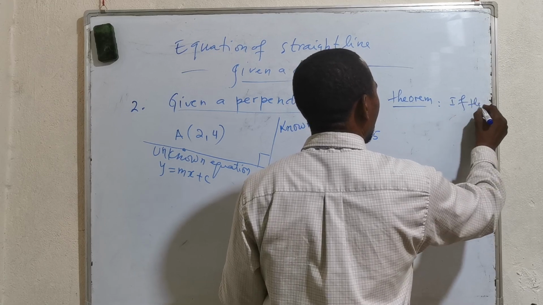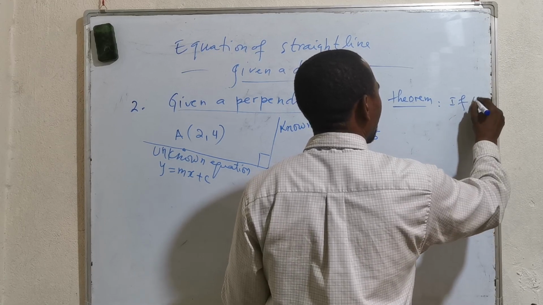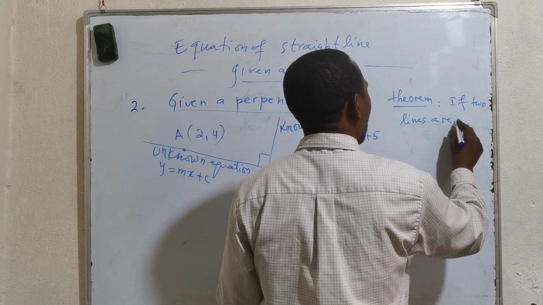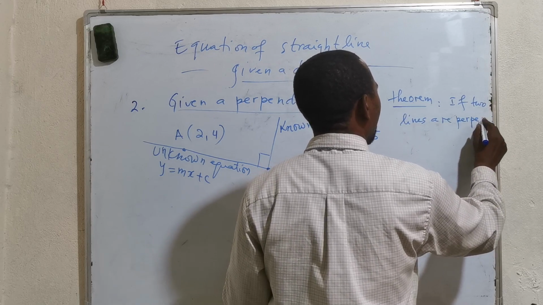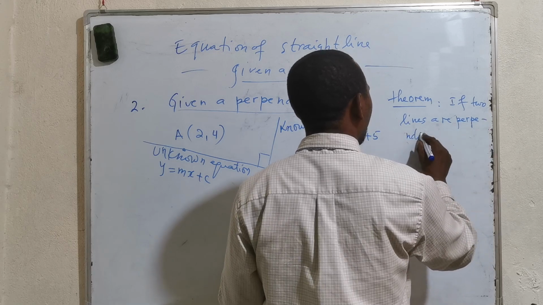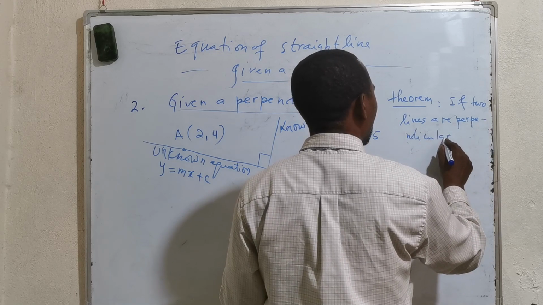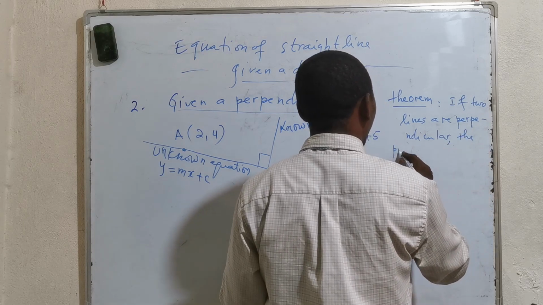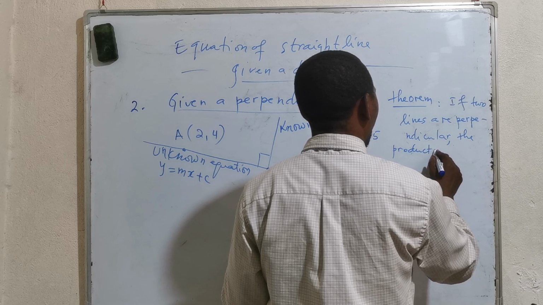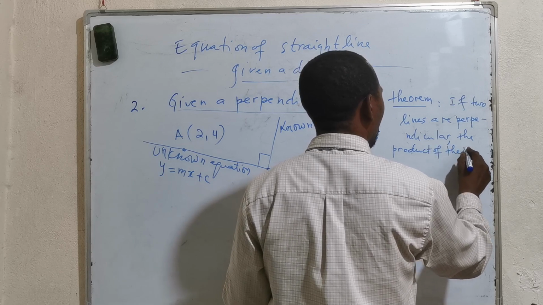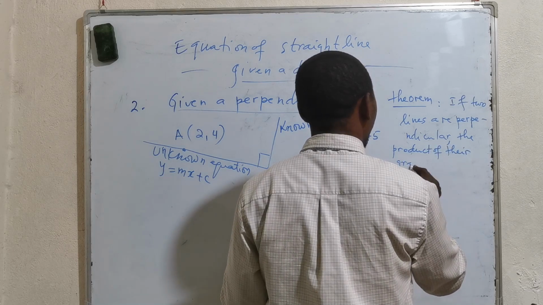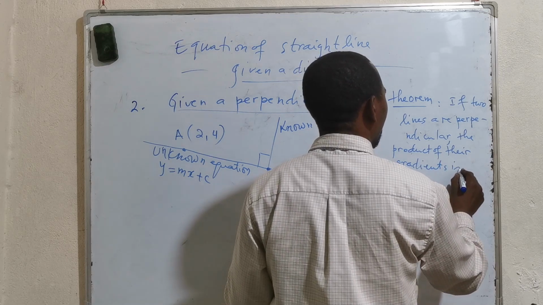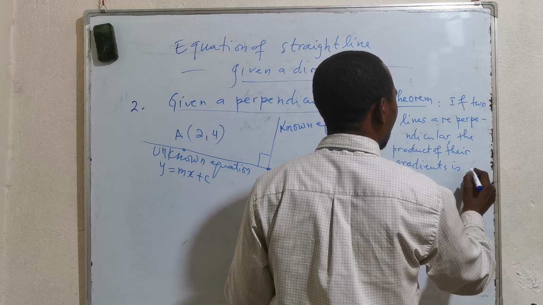If two lines are perpendicular, the product of their slopes or gradients is -1.